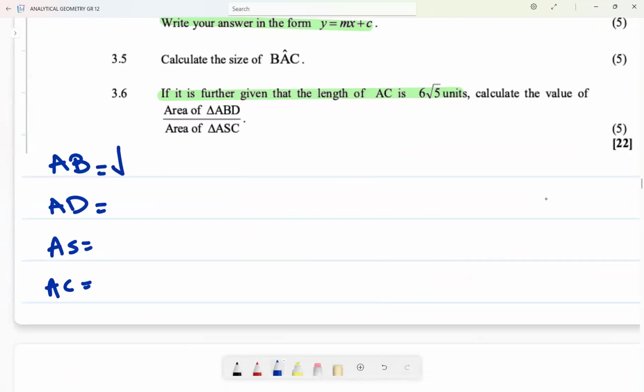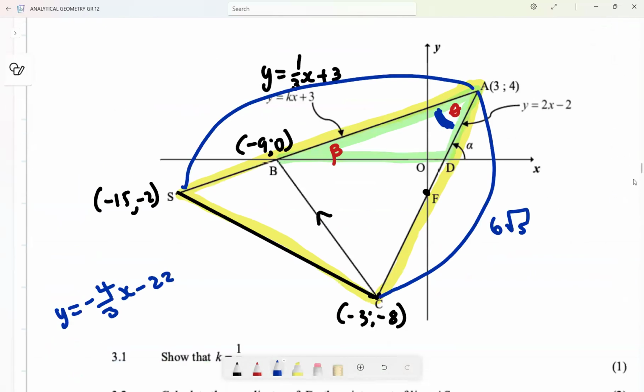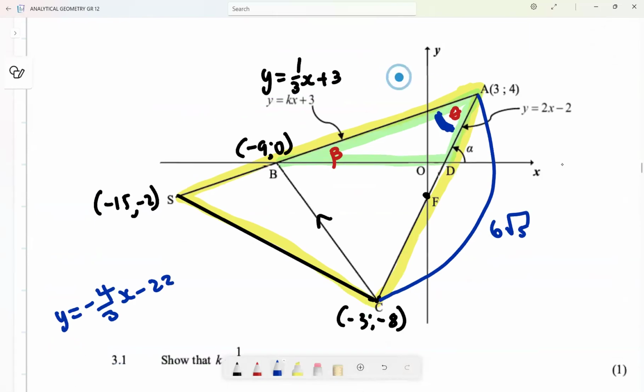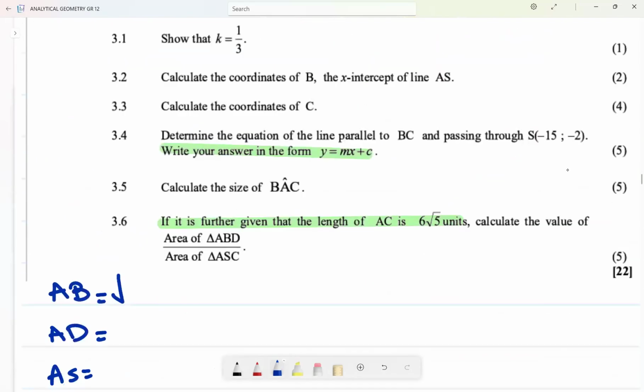The length of AB is going to be the square root of... did I start with AB? Yes.